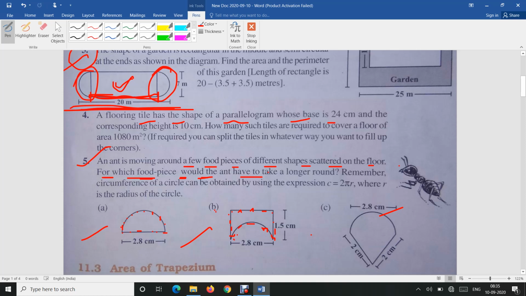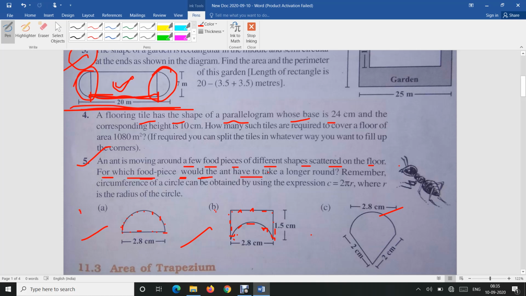The ant will cover the perimeter of the shapes. So we need to find the perimeter, and the shape with the larger perimeter will have the larger round. So see the solution for this question also.